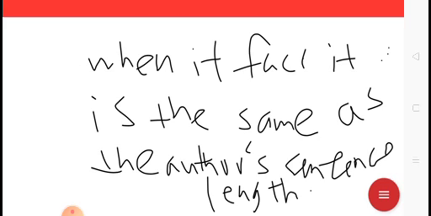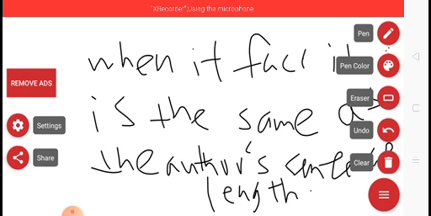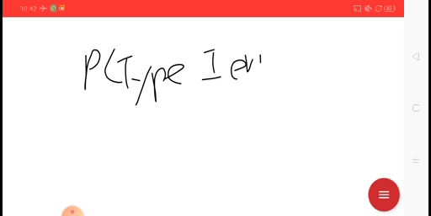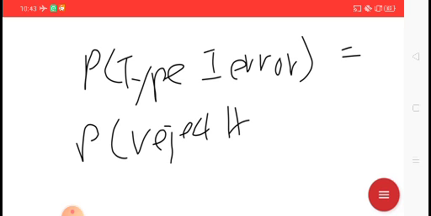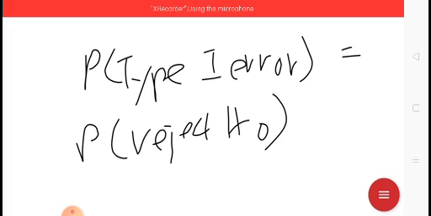Okay, this is part 2, and another part they say state the probability of type 1 error in this test. Okay, so the probability of type 1 error will be the probability of you reject H naught, right? Okay, so for this case, what is the percentage that you're going to reject H naught?